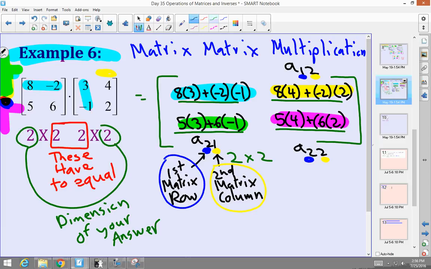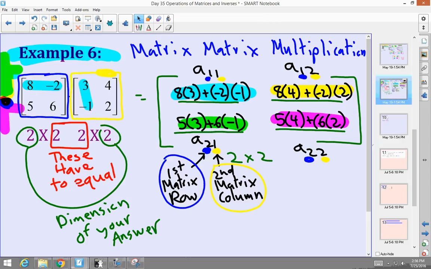And that reason is it's A11, meaning row 1 from the blue guy, column 1 from the yellow guy. Where I'm referring to this guy as my blue guy, and I'm referring to this guy as my yellow guy. That's how you pick out element 1, 1 for the new matrix.